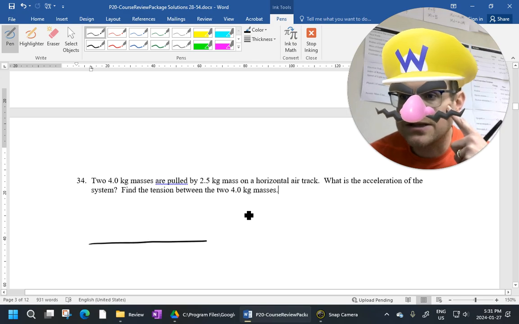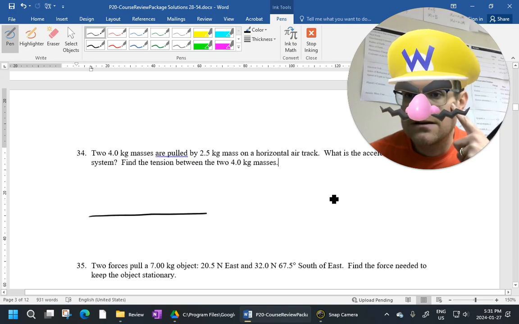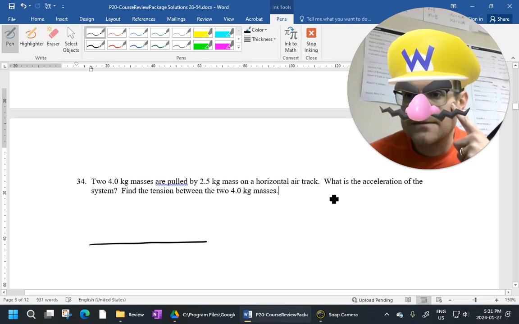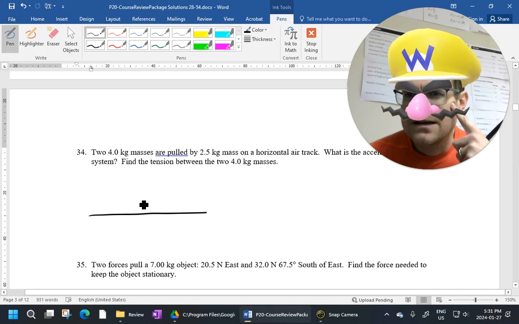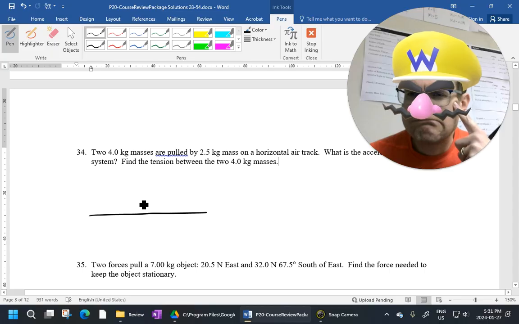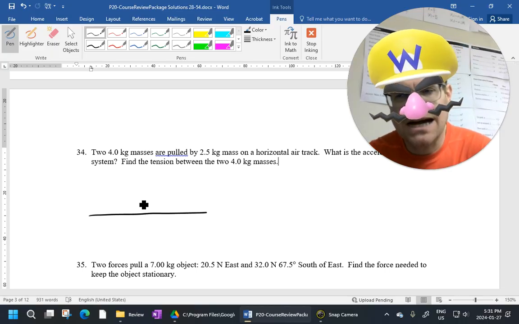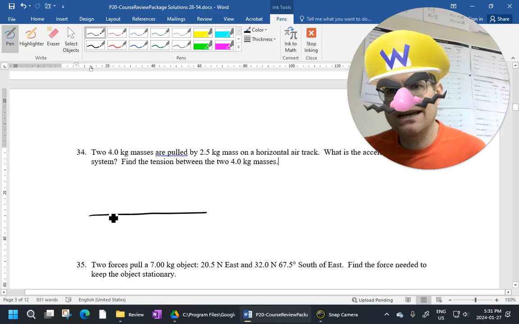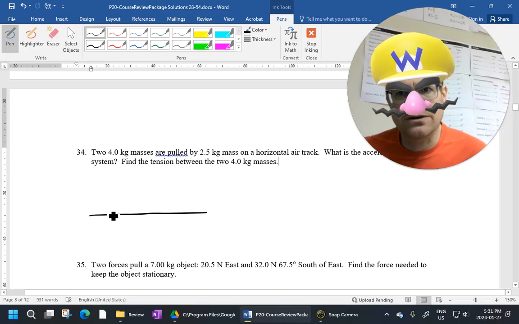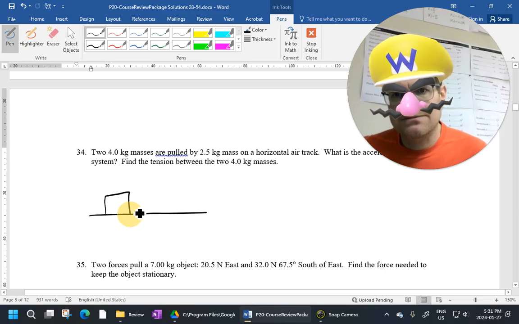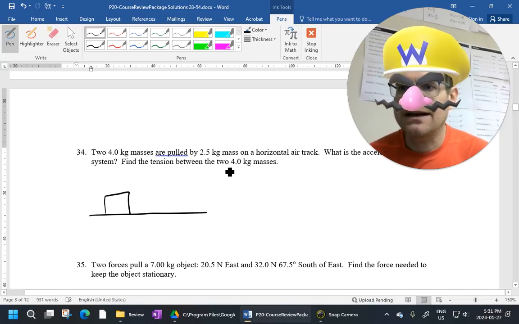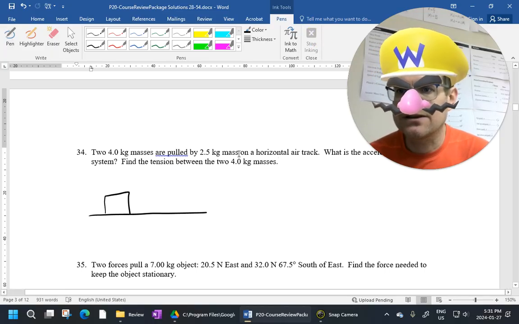What is the acceleration? On a horizontal track. Well, based on the wording of this question, which is horrible, I should probably redo this, I'm going to assume it is pulled by a 2.5 kilogram mass.